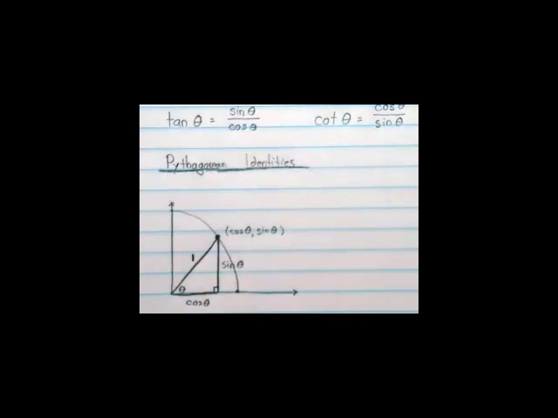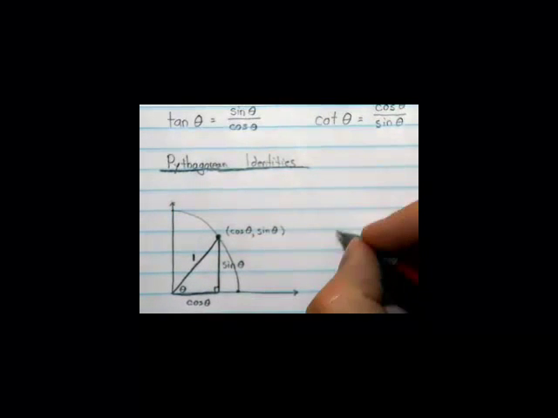The Pythagorean theorem works with what kind of triangles? Right triangles, right? Which is what we have right here. And it was that a squared plus b squared equals c squared. Okay, well now I don't have a, b, c, I have cosine theta, sine theta, and 1. So if I use that idea, I can make a new equation using this stuff.